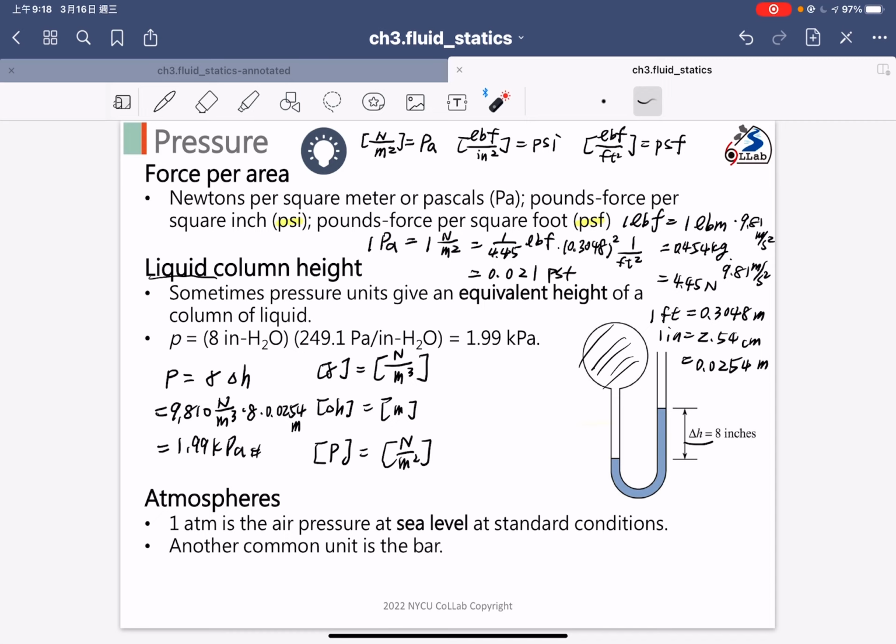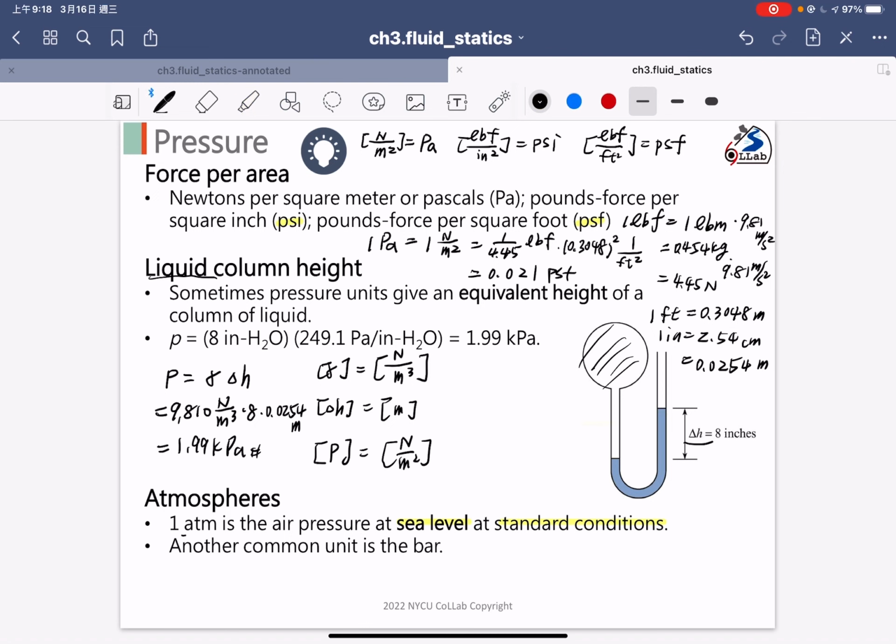And then, if I say 1 atm, what is 1 atm? The 1 atm is relative to the pressure at sea level. Okay, and as a standard condition, the temperature around 15 or 20 degrees is standard.